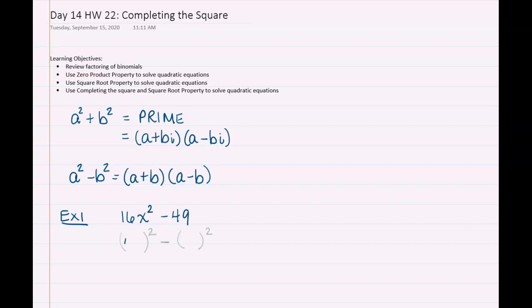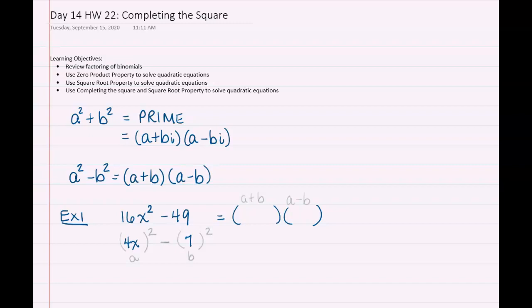We're going to see that 4 squared is 16 and 4x squared is going to be 16x squared. And 7 squared is equal to 49. Remember, this is our a value and this is our b value, those things that are inside the parentheses. So our factored form would be thinking of it as a plus b and a minus b.